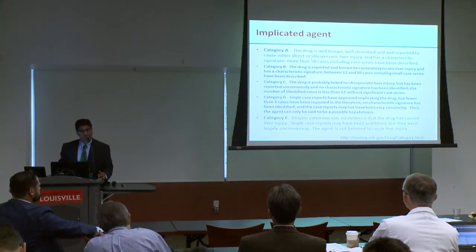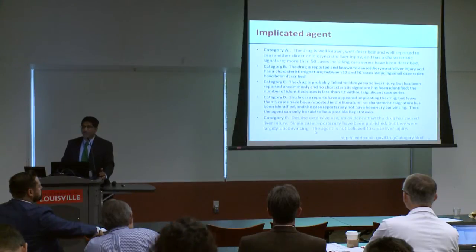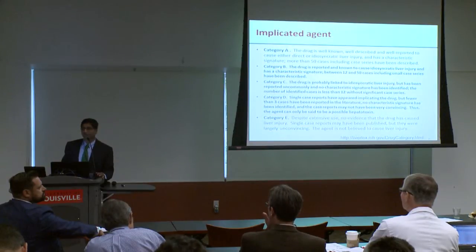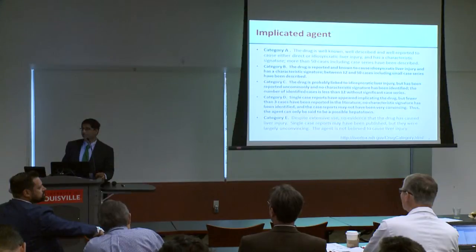But if you look at category E, despite extensive use, there is no evidence that the drug has caused liver injury. Single case reports may have been published, but they were largely unconvincing. So when we review the literature and look at a case report from 1985 and think that's the drug that's causing it, Hep C was only discovered in '89, and the test to check it came out in '91.